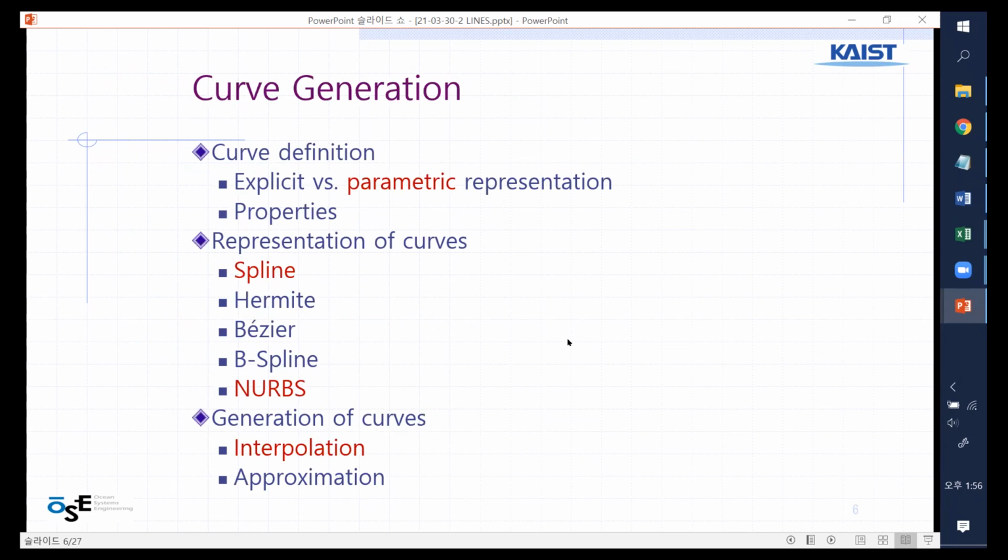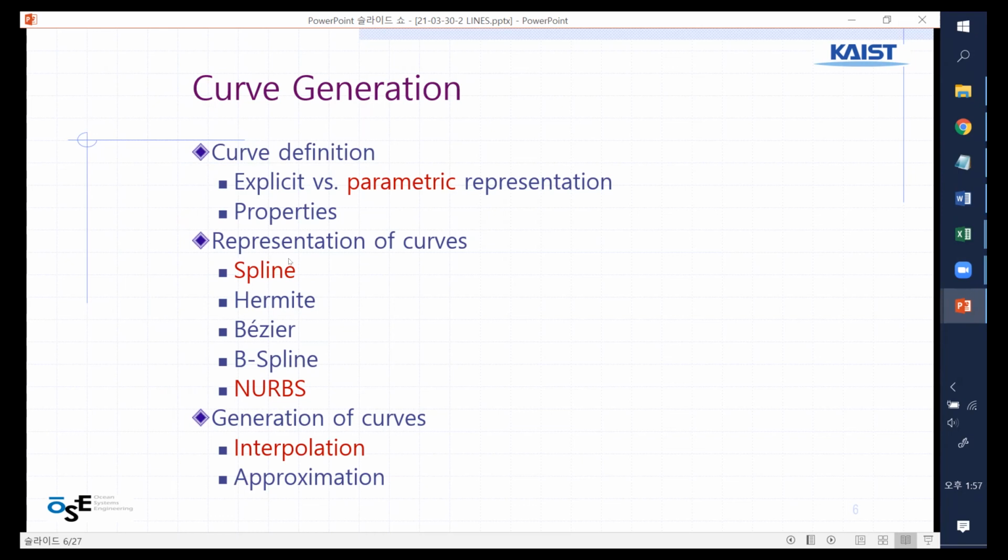And how can you generate curves? There is so much complex mathematical theory behind this, so I will not explain all of it, but some of it is shown here. Anyway, there are explicit and parametric representations of curves. There should be properties such as position, slope, curvature, and continuity.